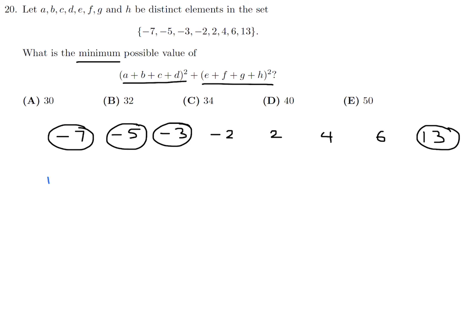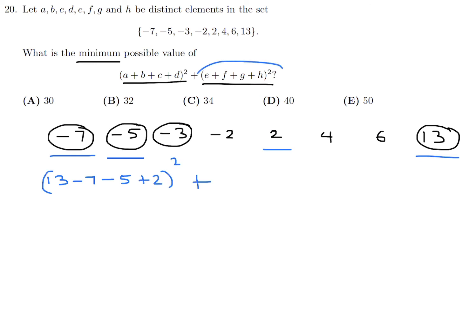So again, let's try to get this 13 as small as possible. -7, -5. And I think that's it. I'm not going to go any further. And so I got 13, I've got -7, -5, and let's stick in a 2. Let's save some of these other minuses.